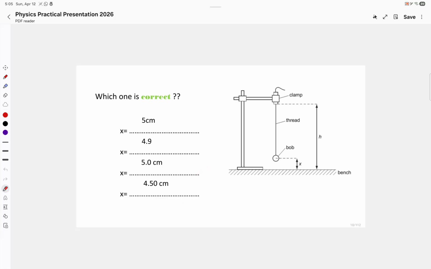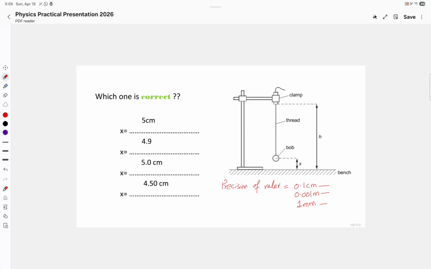I think everyone knows that when you are using the meter ruler, whether 100, 50 or 30 cm, the precision of the ruler is a standard 0.1 centimeter, 0.001 meter or 1 millimeter. These are the three standards for recording a value of x and h, or measuring heights, distances or lengths in an appropriate way.